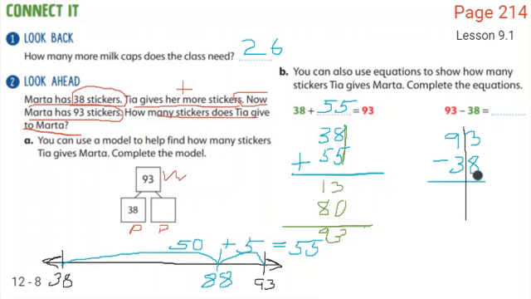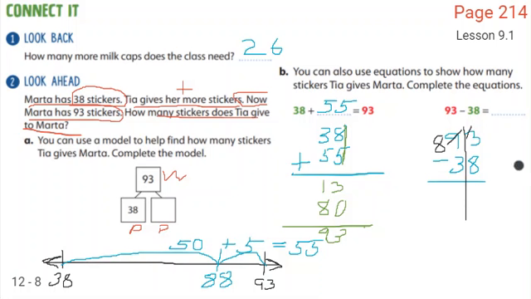When the bottom number right here in the ones column, or even in the tens, but right now we're looking at the ones column, the ones place value is larger than the top number, we have to regroup. That means I'm going to take one of these tens away, okay, and I'm going to add it over here so that it makes that 13 ones.